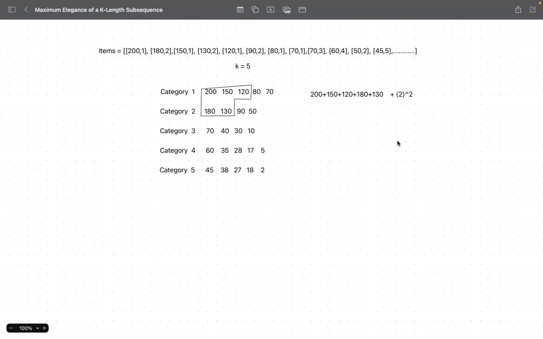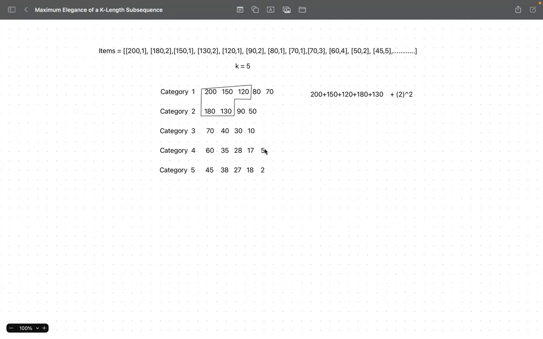The next subsequence you can choose: you can choose any subsequence of 5, but remember, I am using greedy here. So we will use a greedy approach to find the next subsequence. We will not explore all the subsequences.